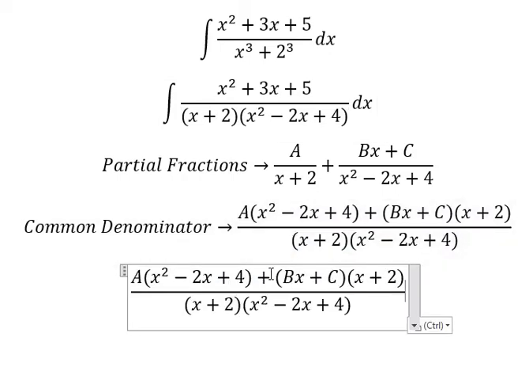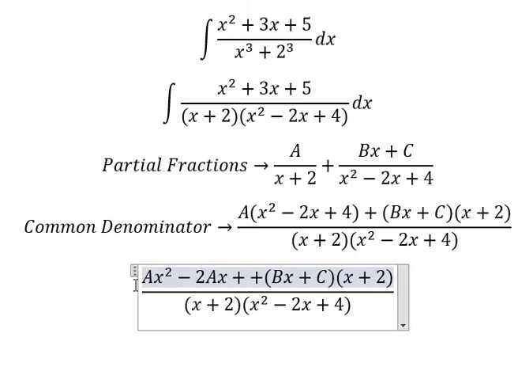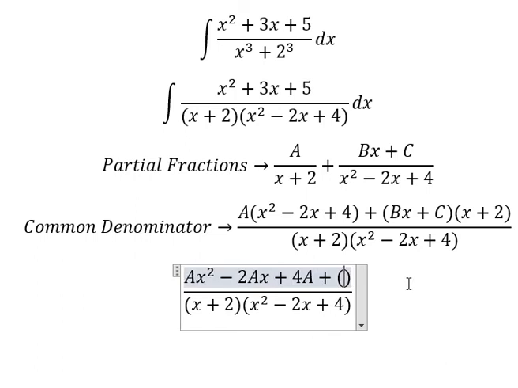Now we need to expand everything in here. And this one we need to expand.